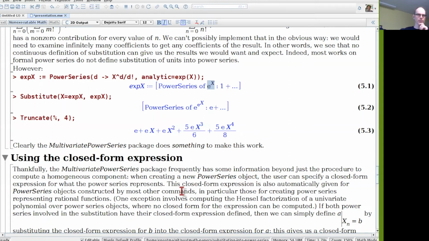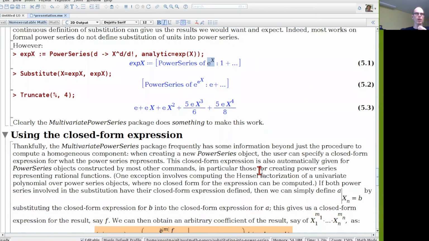So we often, but not always, have that information. There are some exceptions, because the package can compute power series that there is no closed form for, or at least none that we can compute. So it's not always there, but often it is.